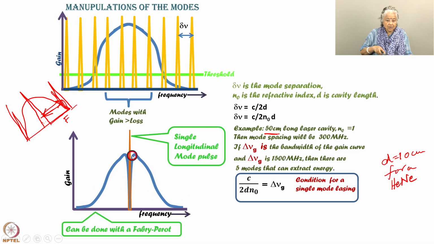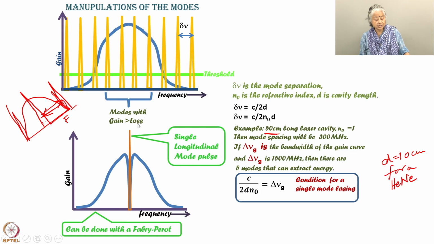What does the single longitudinal mode do? It creates a hole in the gain profile. You can see this hole in the gain profile. It is fine by me because I need a single longitudinal mode and I have achieved it.